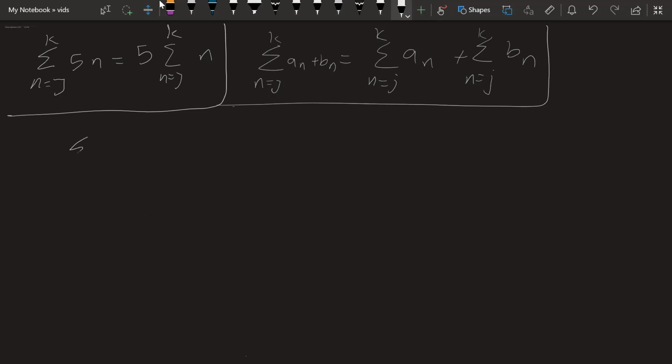Subtraction property tells you if you had sigma goes from j to k of an minus bn, well, this is just equal to sigma n goes from j to k of an minus sigma n goes from j to k of bn. Now, since minus is a constant, I'm going to prove it in the simplest way. Minus is basically equal to minus 1, so we can rewrite this like this, plus minus b, right?